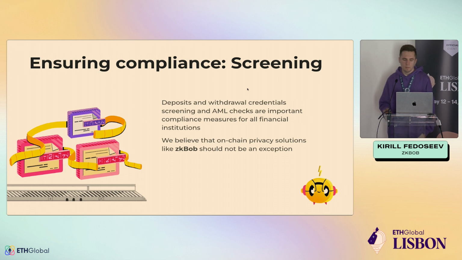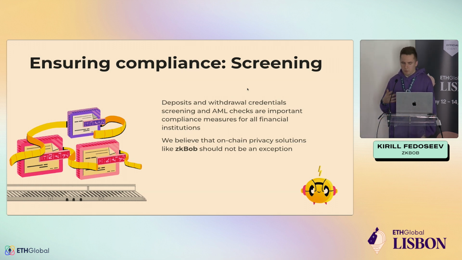So we are using a complex approach to compliance in zkBob. Right, one of the building blocks for the compliance we're using is the screening for AML checks of each deposit and withdrawal address, so that no obviously malicious, blacklisted, sanctioned entities and accounts can make deposits or withdrawals from inside the pool.